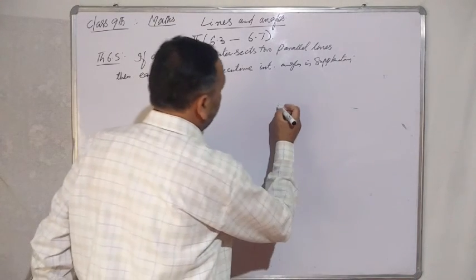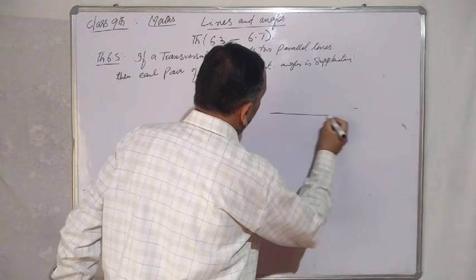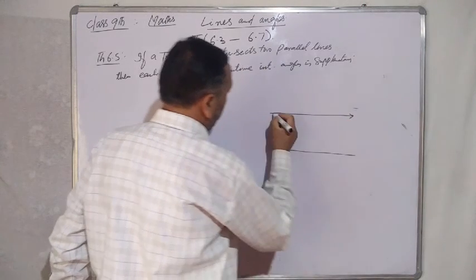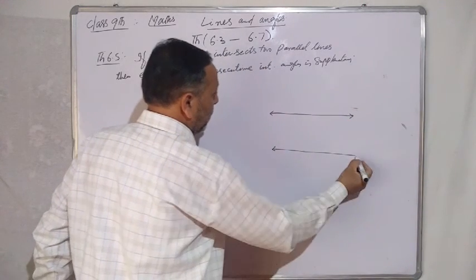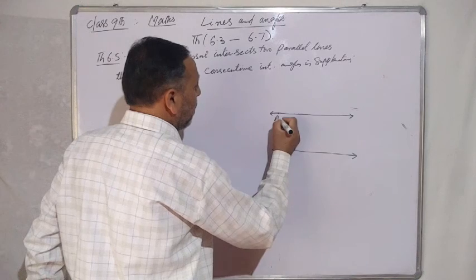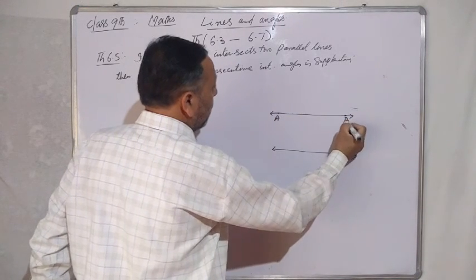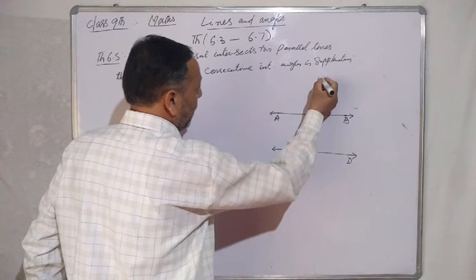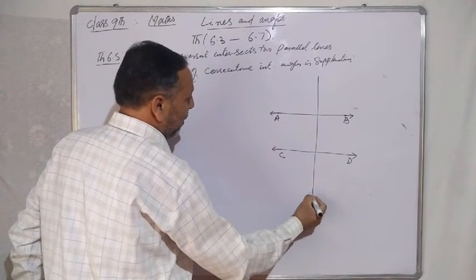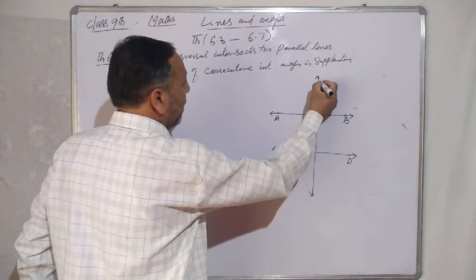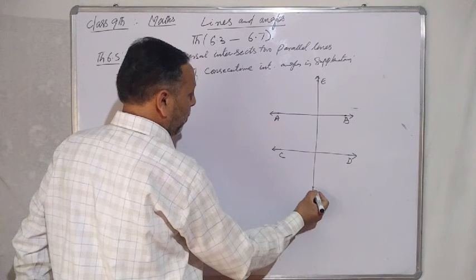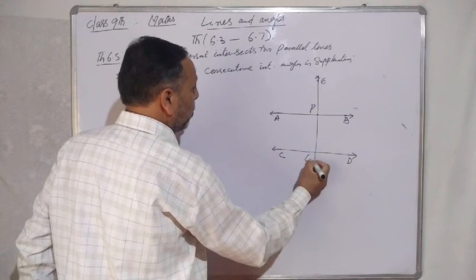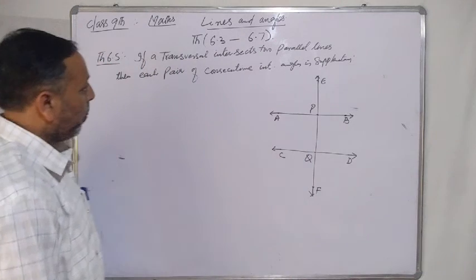Here we have two parallel lines AB parallel to CD intersected by a transversal EF at P and Q respectively.